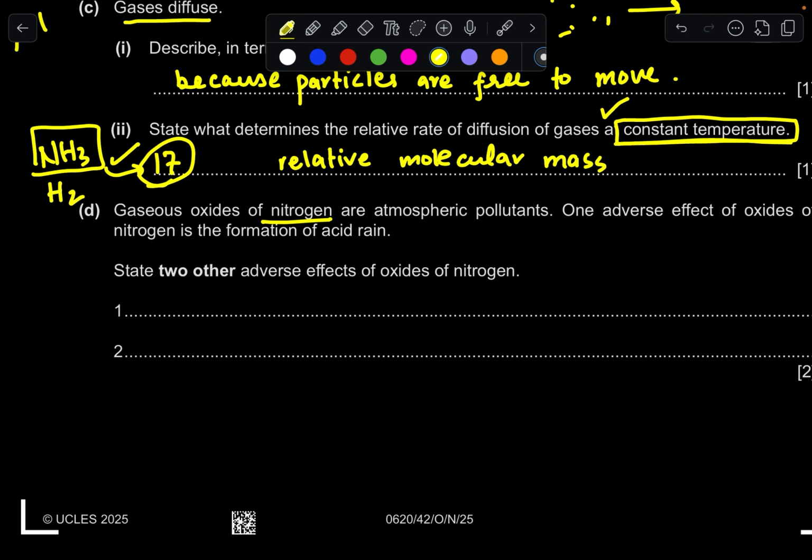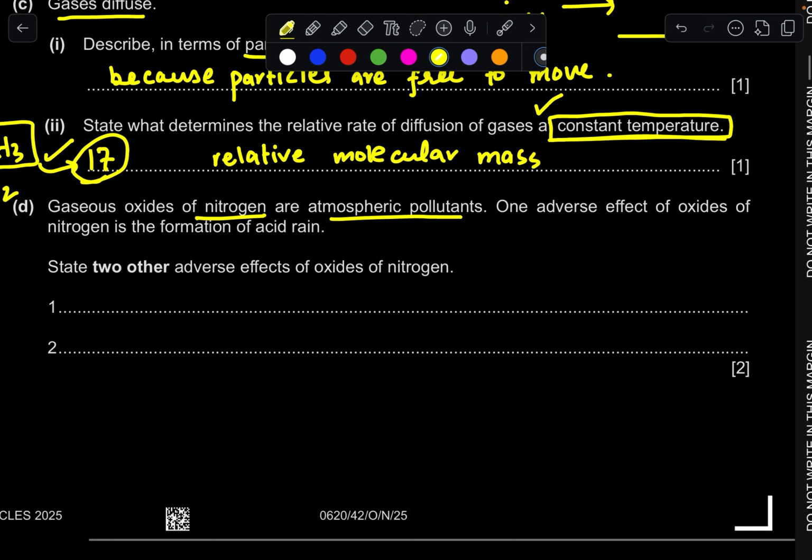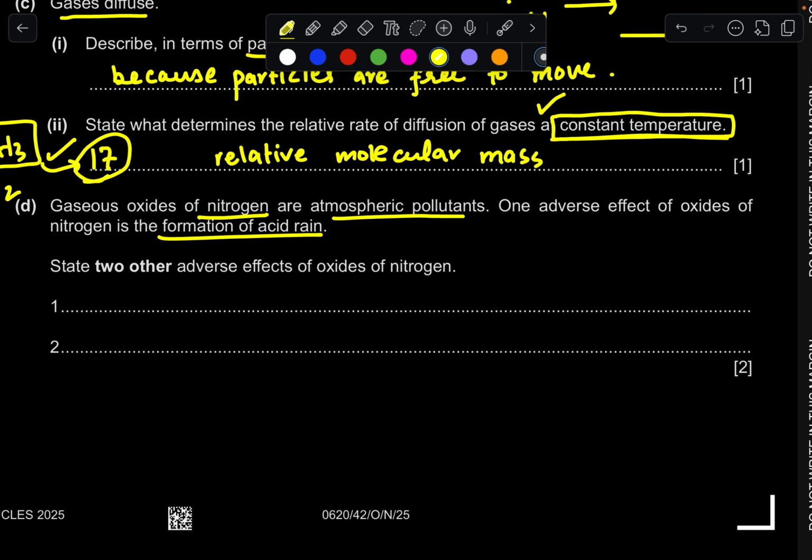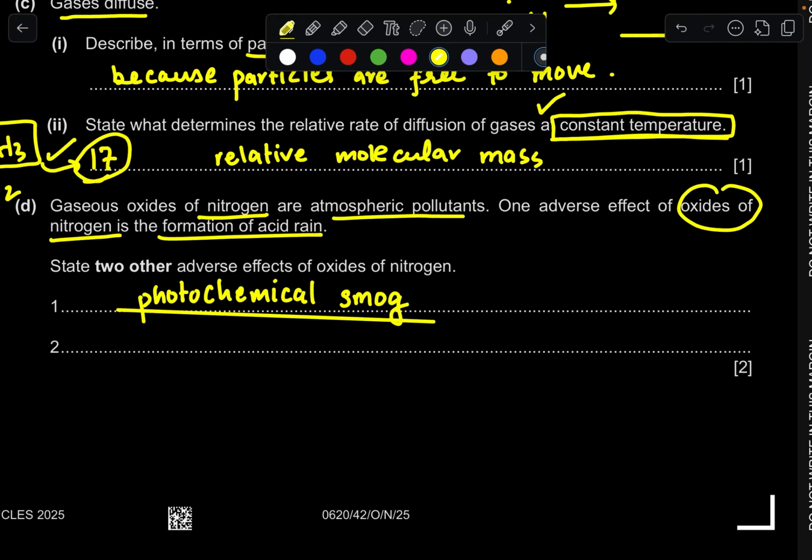Gaseous oxides of nitrogen are atmospheric pollutants. One of the adverse effects of oxides of nitrogen is the formation of acid rain. State two other adverse effects of oxides of nitrogen. Photochemical smog is one of the worst effects of nitrogen oxides. And how does this photochemical smog form? Your oxides of nitrogen react with your unburned hydrocarbons to form compounds like peroxyacetyl nitrate, but that's A-level content. Forget it.